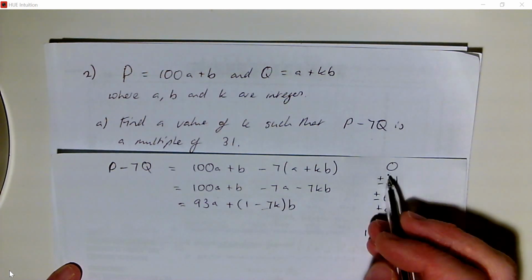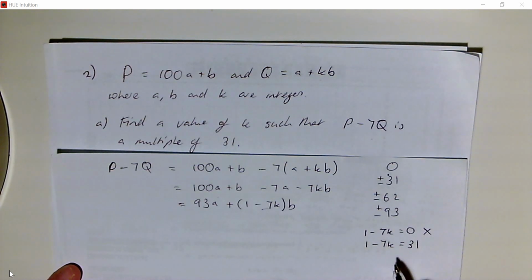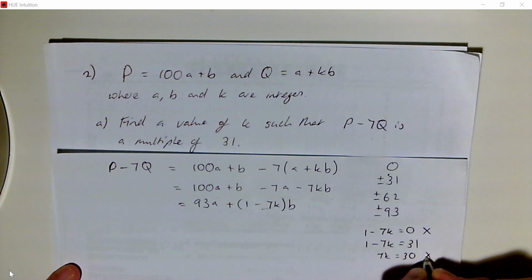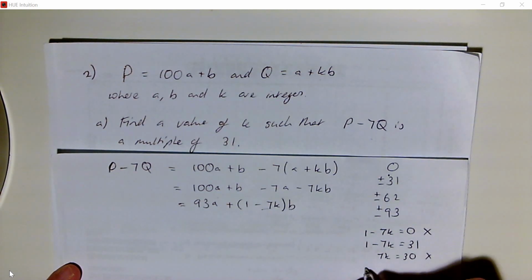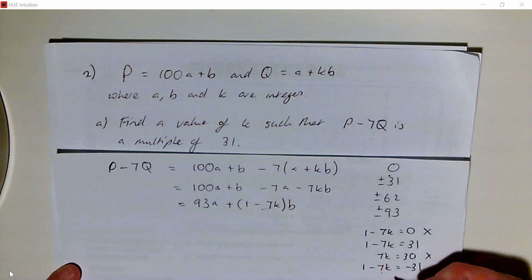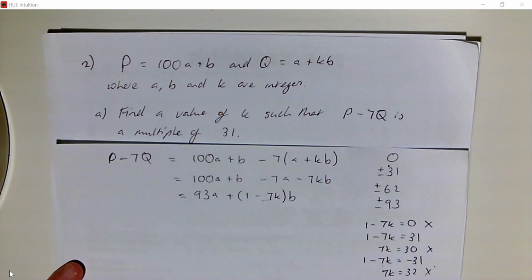Okay, so now let's try making 31. That's going to give us 7k is equal to minus 30, so that's definitely not going to work. So let's try 1 minus 7k is minus 31. So that would give us 7k is equal to 32. So again, that's not going to work.